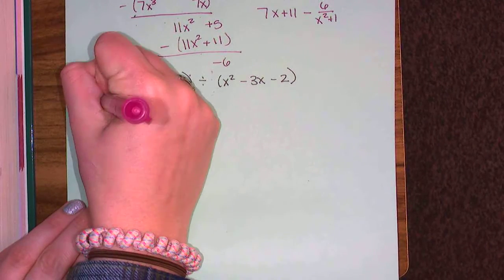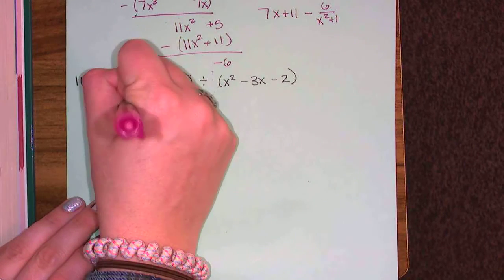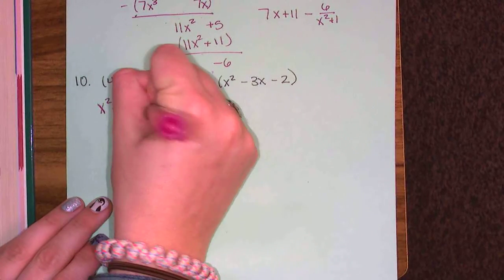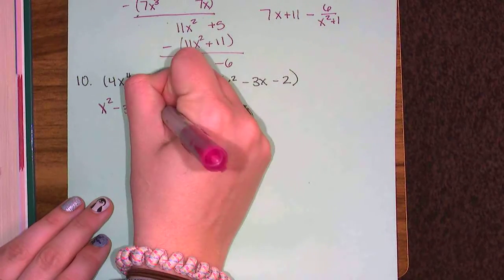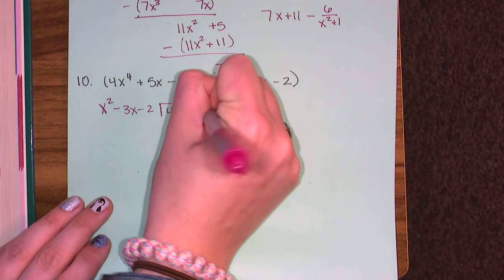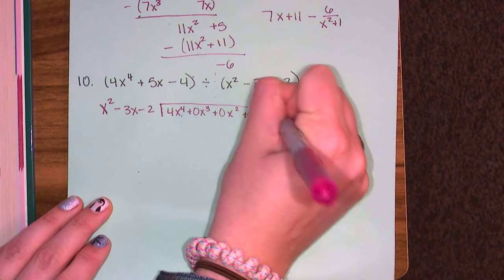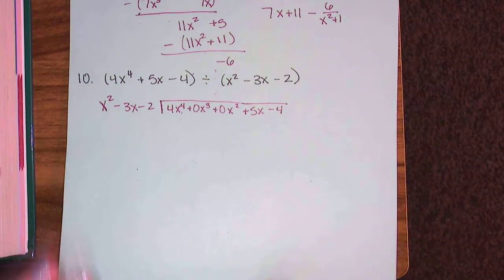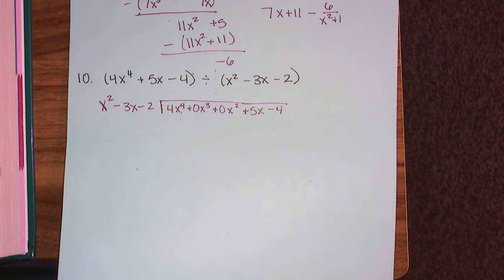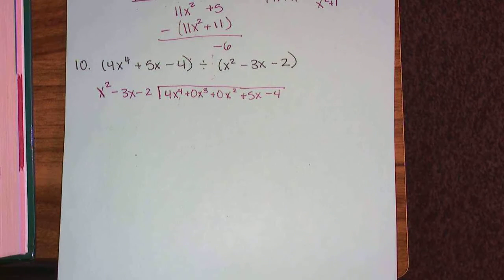So x squared minus 3x minus 2 goes outside. Then inside, I'm going to have 4x to the 4th plus 0x cubed plus 0x squared plus 5x minus 4. Okay, so once we have that written down, then we'll talk through it.